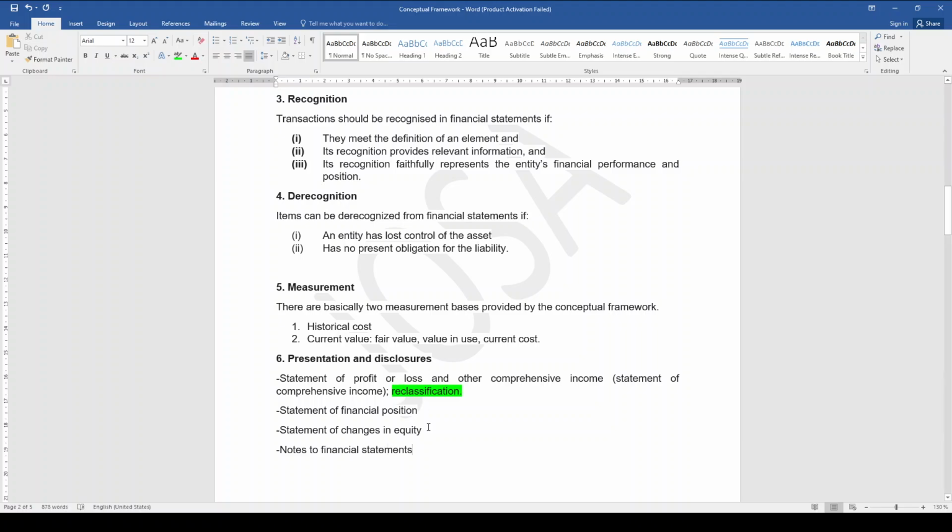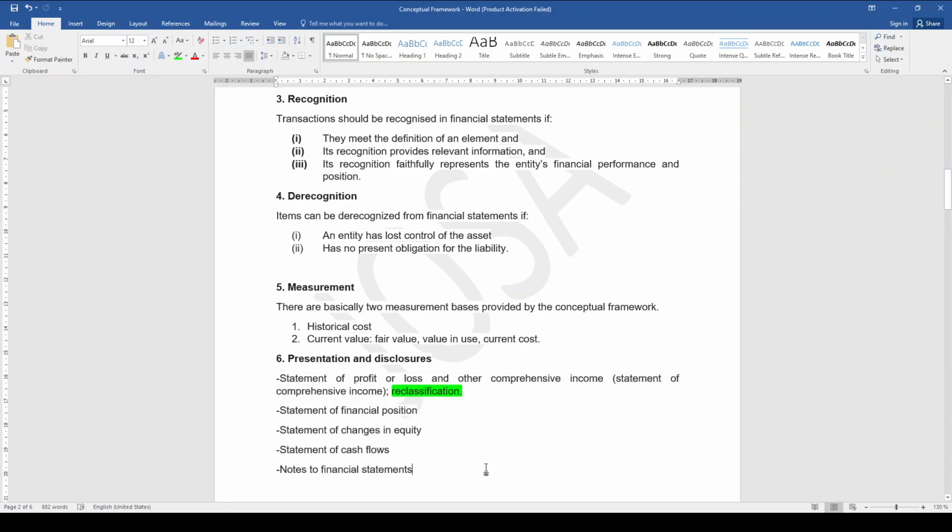I had forgotten statement of cash flows. Statement of cash flows. These are items that you should be well versed with, given the fact that you are doing SBR.